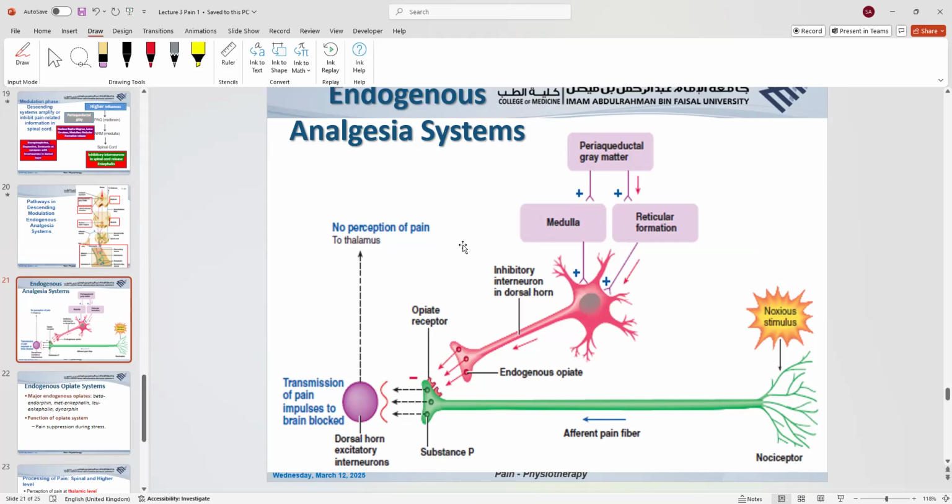So the higher influences in the cerebral cortex, his thinking, his emotions, are affecting and producing ultimately an activity through this inhibitory interneuron where the pain pathway is suppressed, and the person will not feel pain as long as he is in that particular situation emotionally and physically. Once that event is finished, this stimulation will also finish and he will start having release of substance P and he will start feeling the pain.